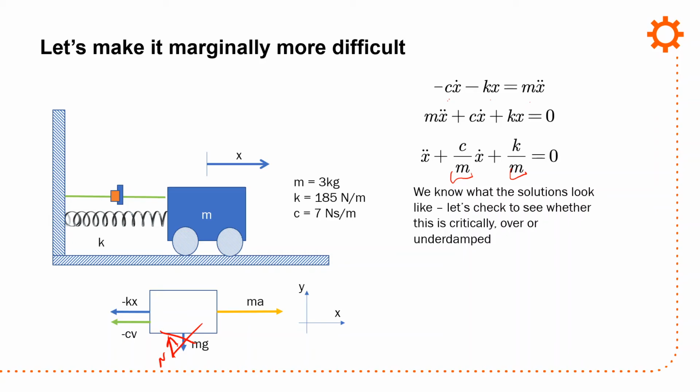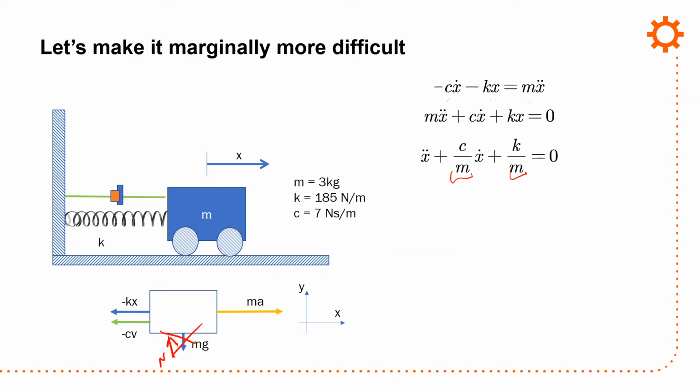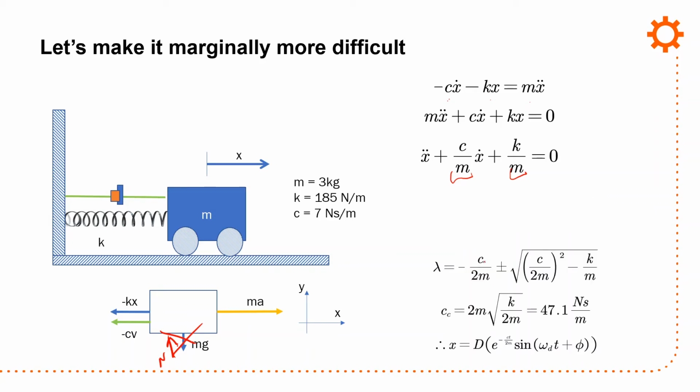But first, let's check whether it's critically, over, or under damped. This is the standard form of solution, and critical damping is when this value is equal to 0. If it's overdamped, this is a positive number. If it's underdamped, it's a negative number.